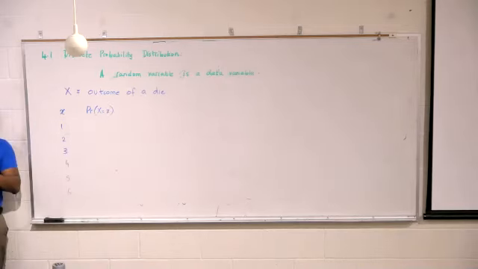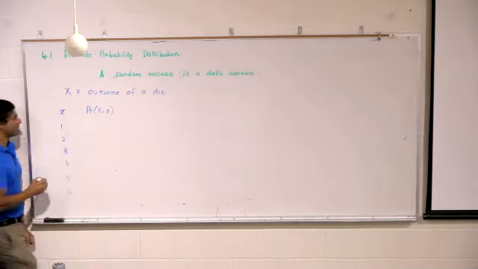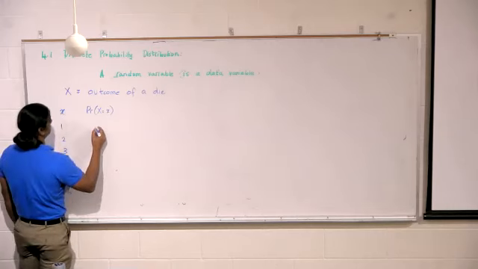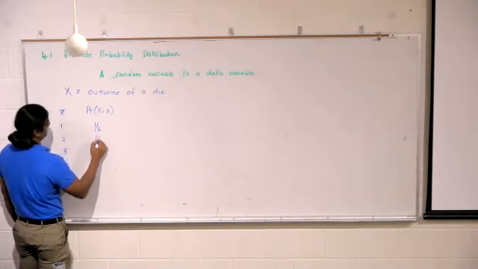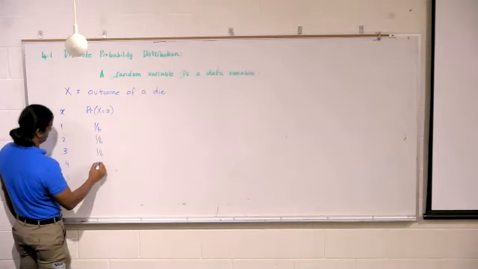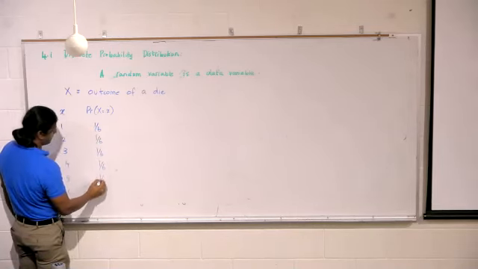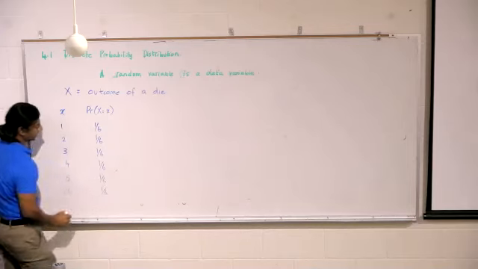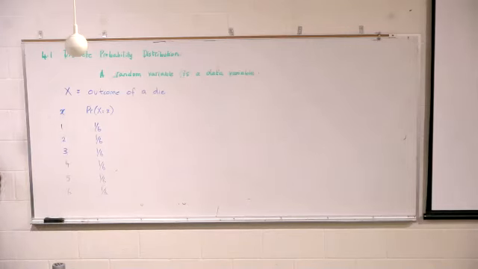The probability of x equal to 6 is 1/6, and it is the same for every single outcome. So the probability is 1/6, right?